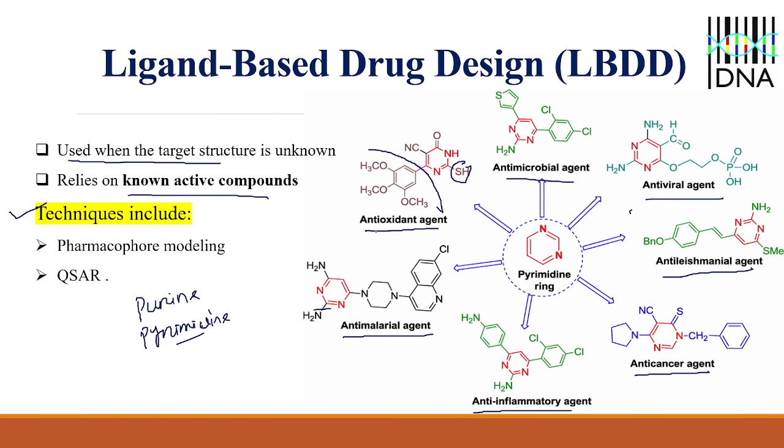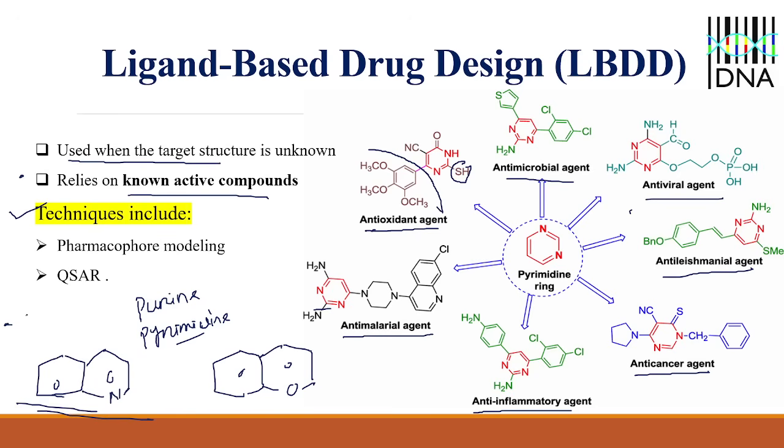Let's suppose we have a chromene ring, which is majorly researched currently. A benzene ring fused with another ring containing oxygen is called chromene. A benzene ring fused with another ring containing nitrogen is called quinoline. We all know that quinoline is anti-malarial, chloroquine is there, and it also acts as an anti-inflammatory agent.